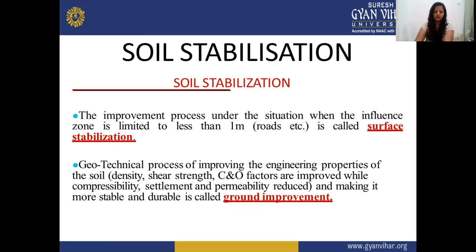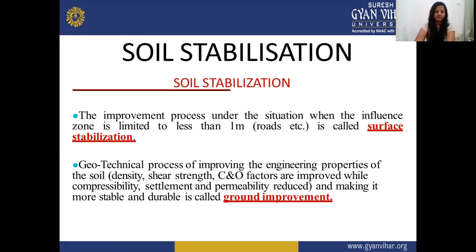The zone below 1 meter need not be modified. It should be done only up to the surface level, because if we go further, it just increases the cost of stabilization. The ultimate cost of construction will increase.